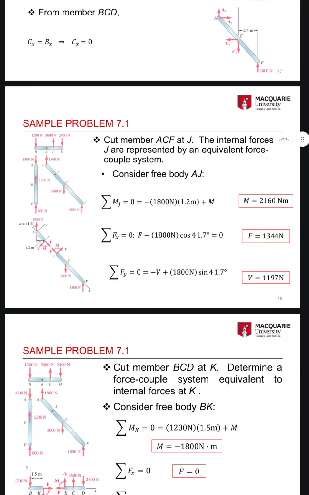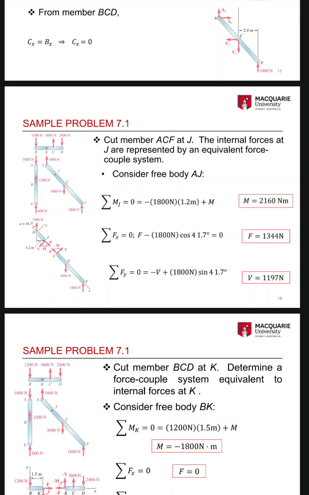Sample Problem 1. Cut member ACF at J. The internal forces at J are represented by an equivalent force-couple system. Consider free body AJ. Sum MJ equals 0 equals negative 800 Newton times 1.2 m plus M, so M equals 21.6 Newton meter. Sum Fx equals 0: F minus 800 Newton cos 41.7 degrees equals 0, so F equals 144 Newton.